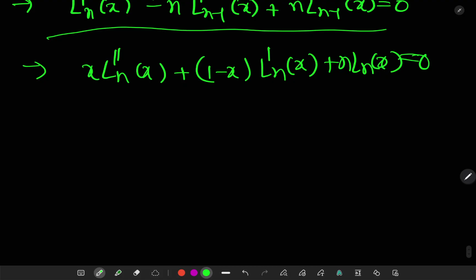If we differentiate the generating function with respect to t n times using Leibniz's theorem, we get another, fourth, important relation of Laguerre polynomial, which is this.